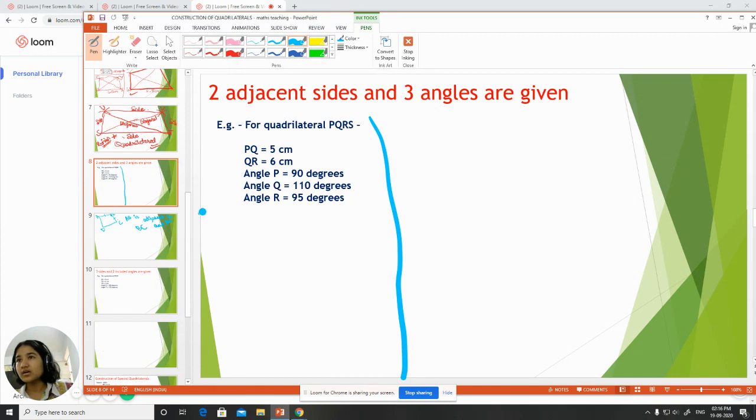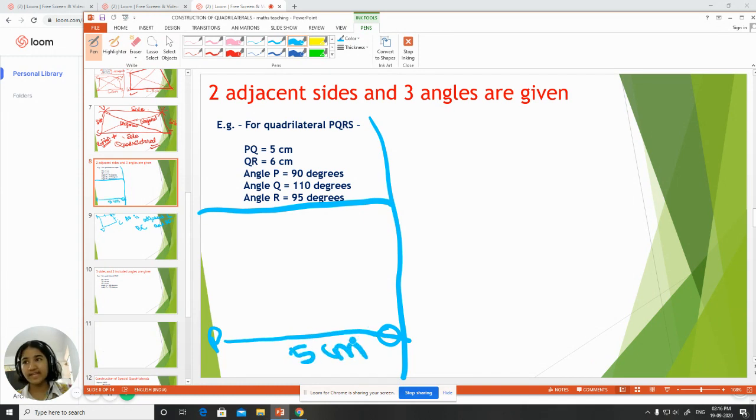Okay. So as you all know, before starting anything, we have to draw a rough figure, right? So we'll draw the rough figure. PQ is 5 centimeters. Let me take here P, here Q. QR is 6 centimeters.